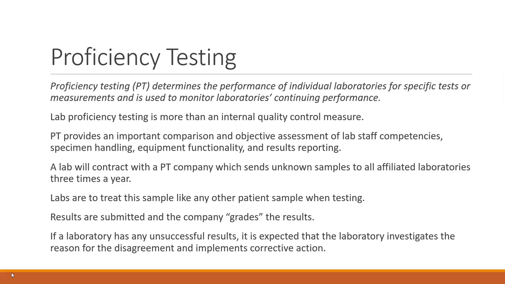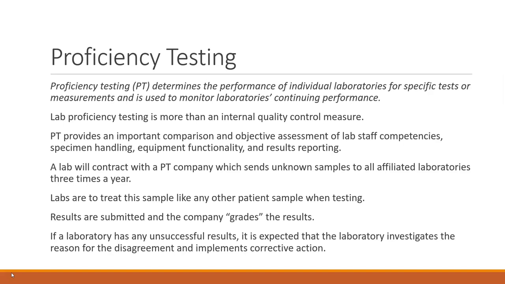A lab will contract with a proficiency testing company which sends unknown samples to all of their affiliated laboratories 3 times a year. And this is important because if you can shut me down due to failed proficiency testing, I want to make sure that the results that you have as a PT company are accurate.